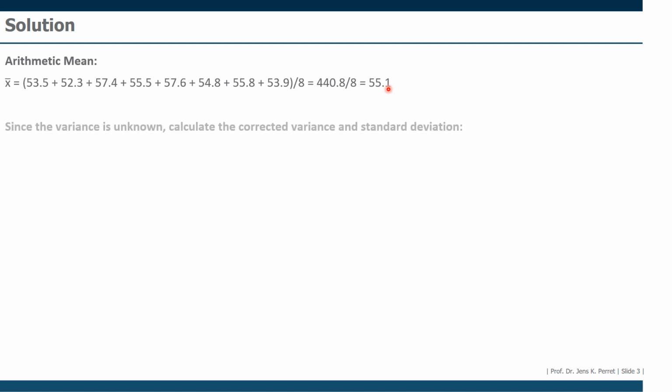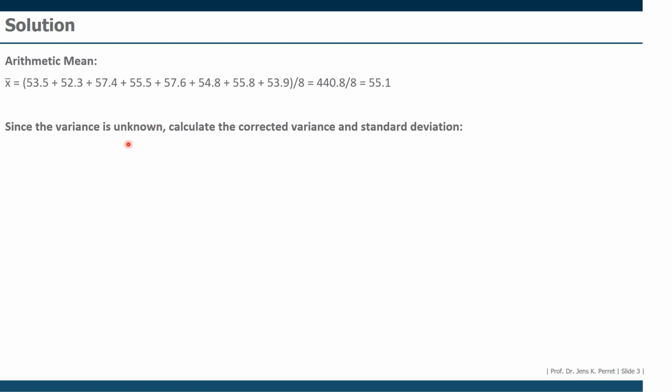So we need to calculate the variance and the standard deviation on our own. Since it's not given, and since we have less than 30 or 50 observations, we also know that we have to conduct a t-test. Because whenever the standard deviation or the variance is missing, and we have too few observations, that's where we have to use the t-test for sure.